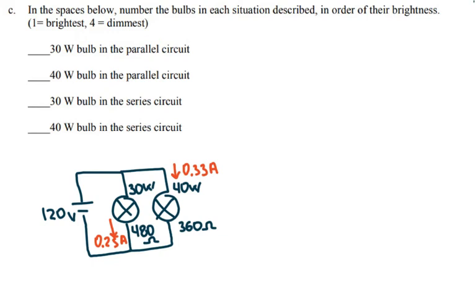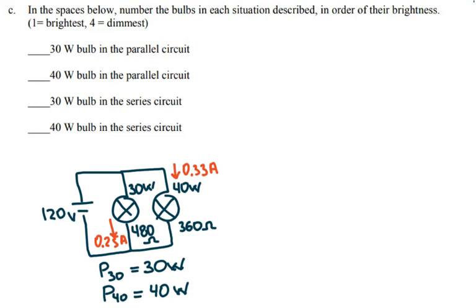So the power in parallel connection for the 30 is 30 watts, and the power for the 40 is 40 watts. That determines their brightness, so the 40 watt bulb is brighter than the 30 watt bulb.